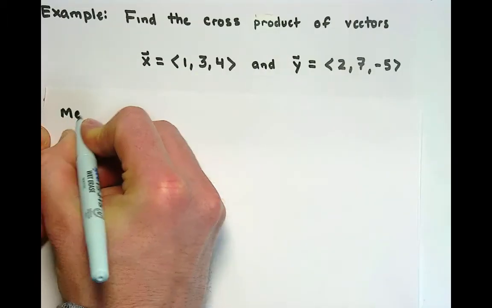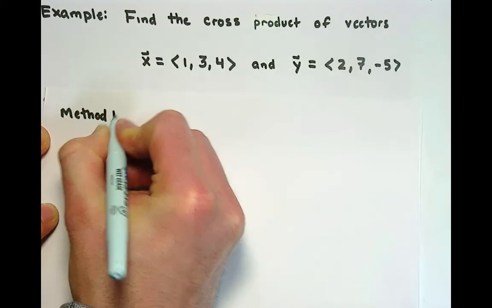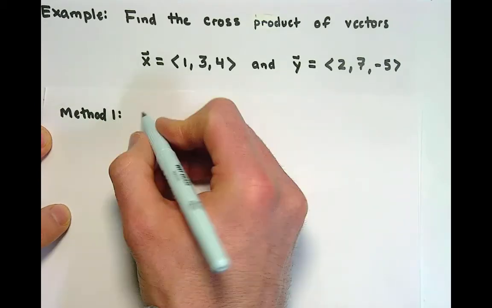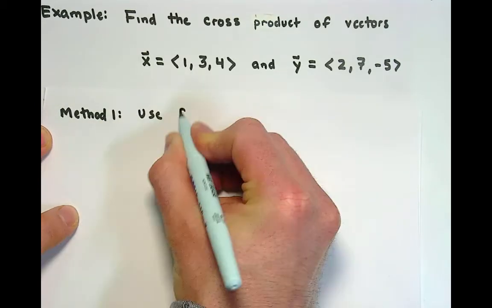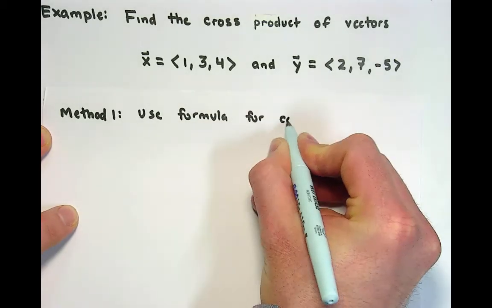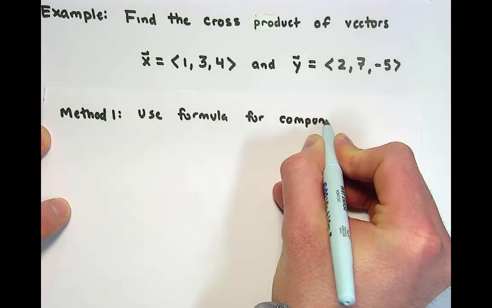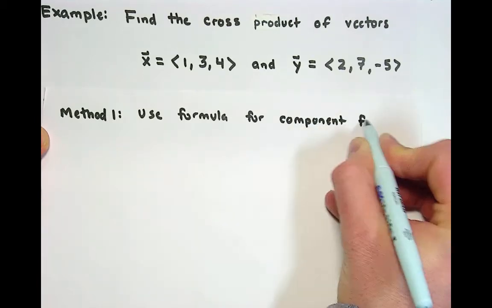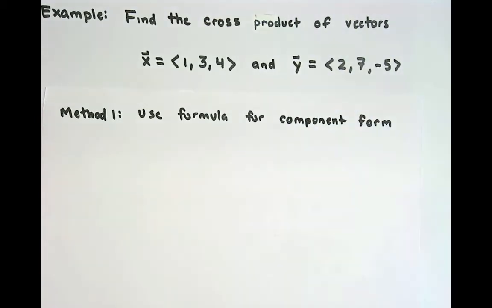Method 1 to solve this, use the component form of the cross product. Use the formula for component form. And this is where I would use your brain, not your notes.